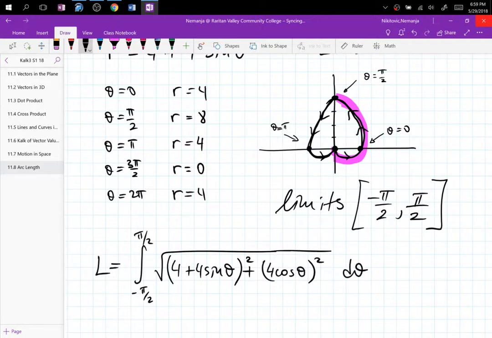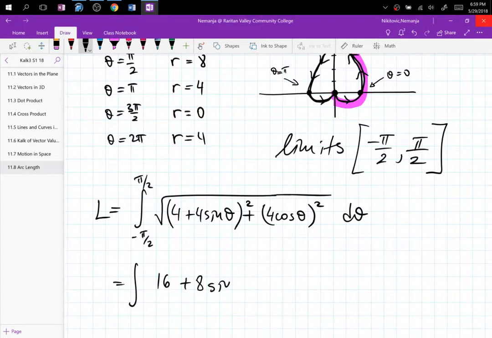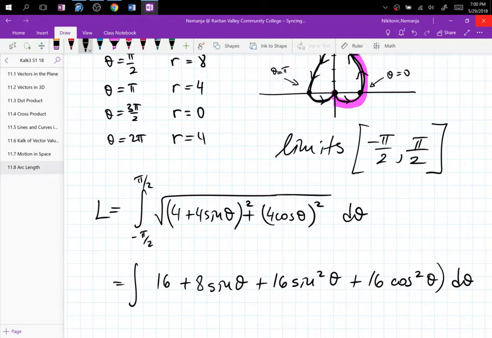You see the squares, right? All right, good. So now we have the same limits. So now what I have is 16 plus 8 sine theta plus 16 sine squared theta plus 16 cosine squared theta d theta.